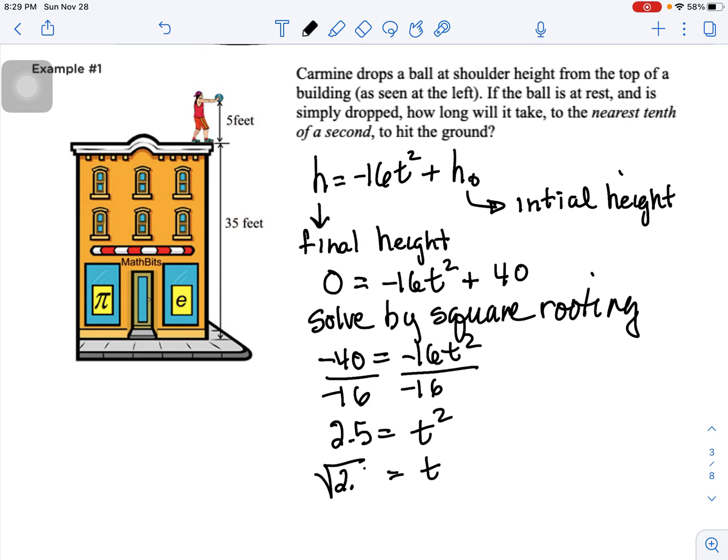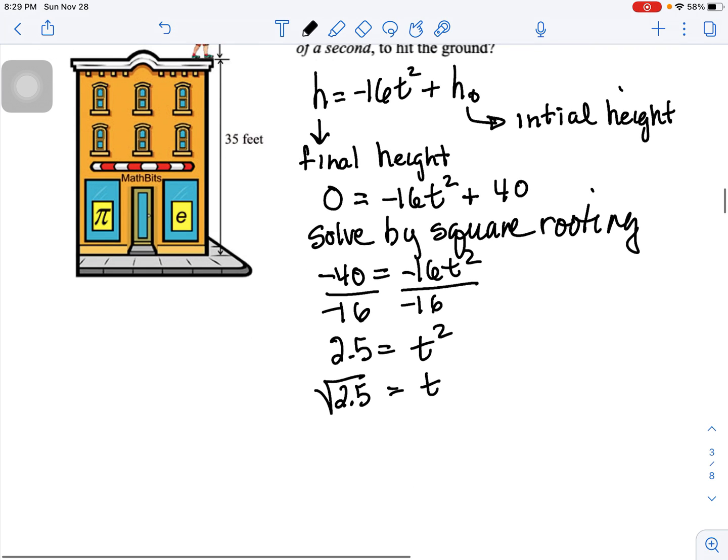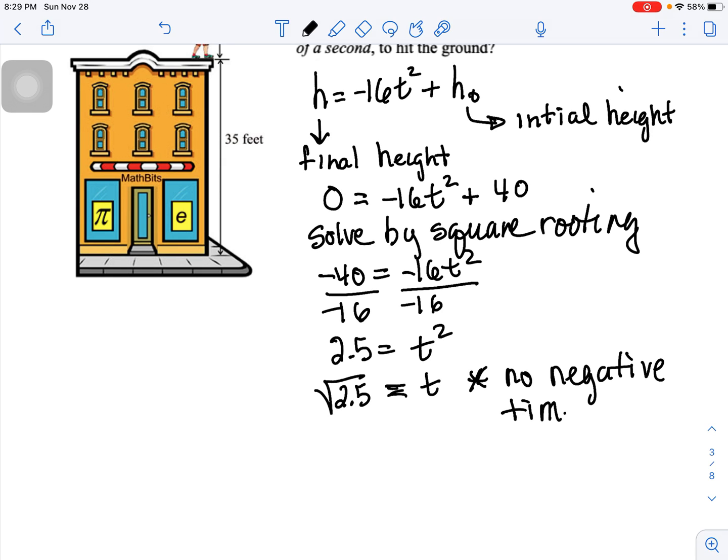And normally when we square root, we do plus or minus. But I'm going to put a star here and say no negative time values. So we won't do the plus or minus of the square root of 2.5.